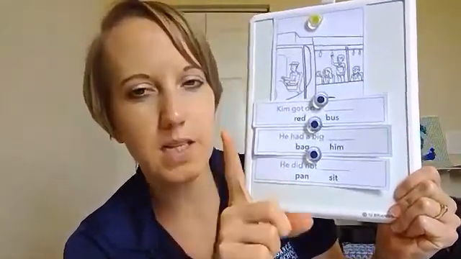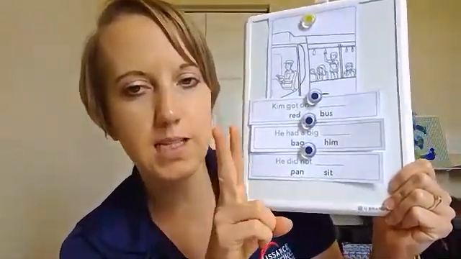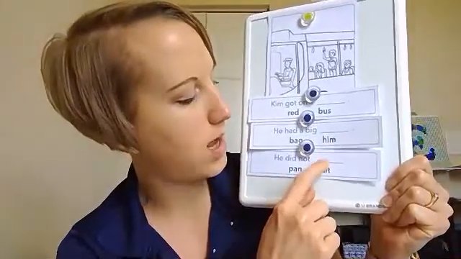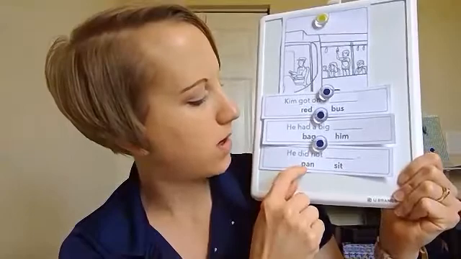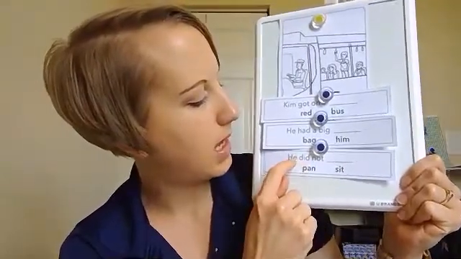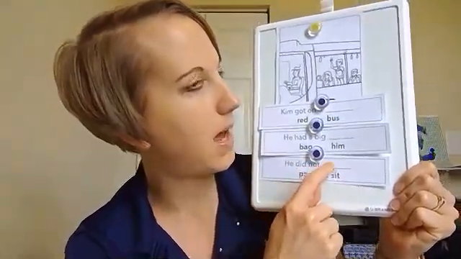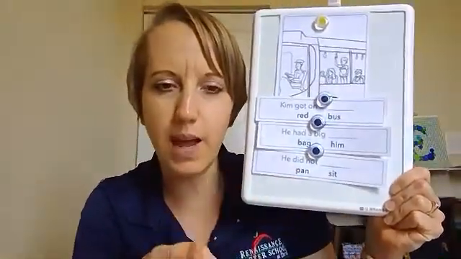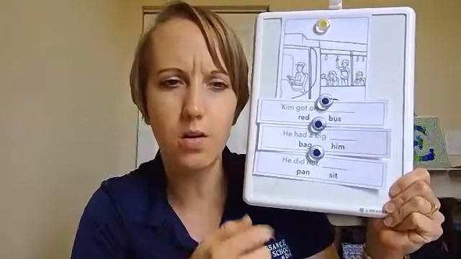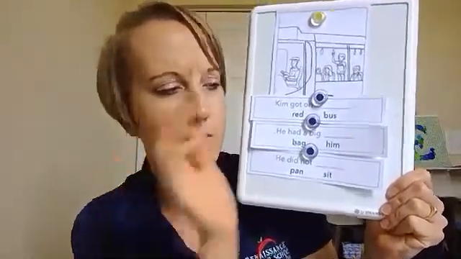Okay, so I did this first step. Now the second step is to try each word in the blank. Let's try that. Let's do the first one, pan. He did not pan. Now that doesn't make any sense because I know that a pan is something that I would cook on, right? So I don't think that's my answer.